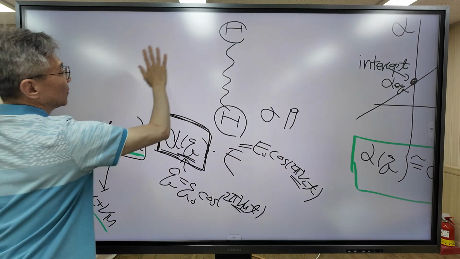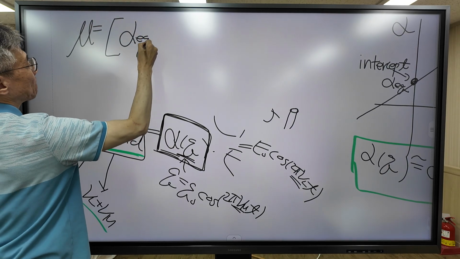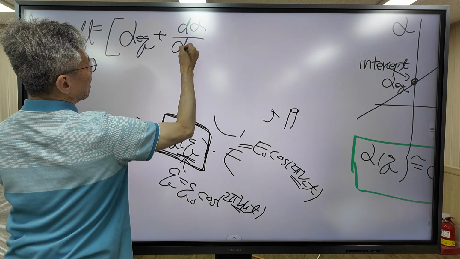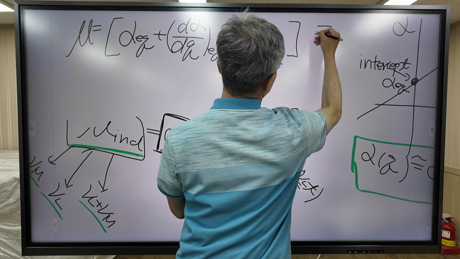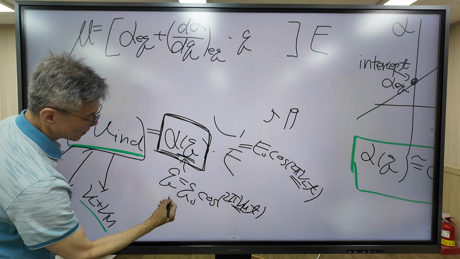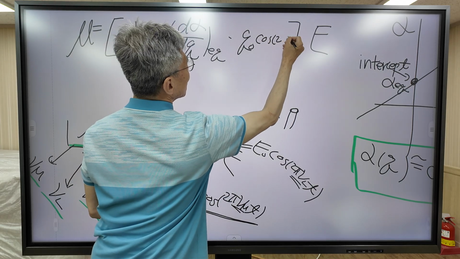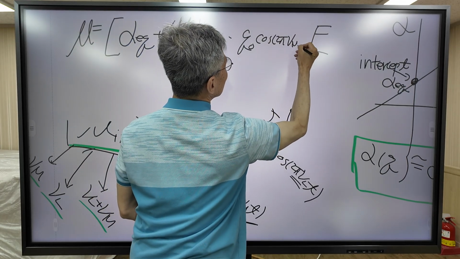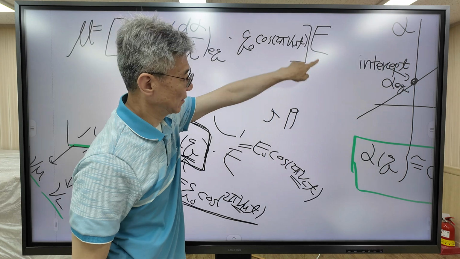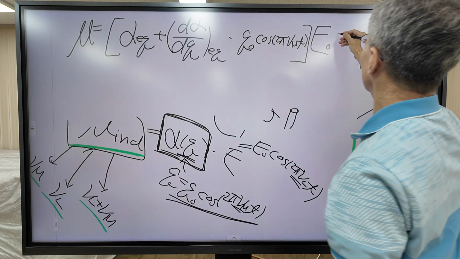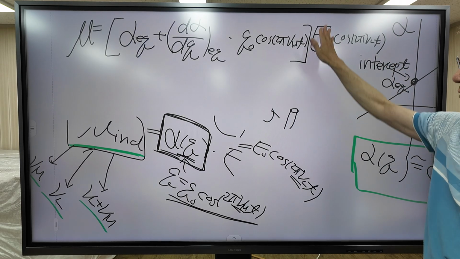The dipole moment is equal to alpha times E, and Q is oscillating like this: Q0 cosine 2 pi nu M t. E is the light, the electromagnetic field, which is equal to this one. So this is our expression.